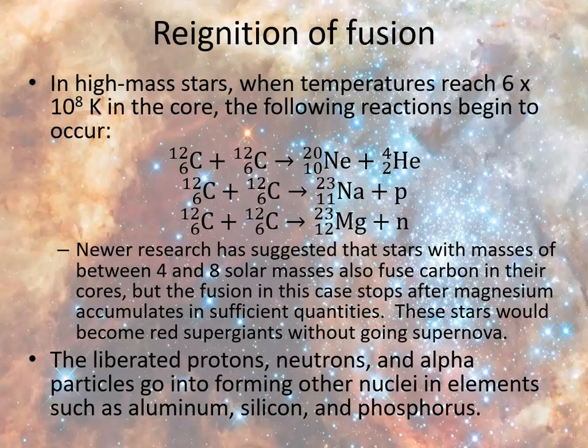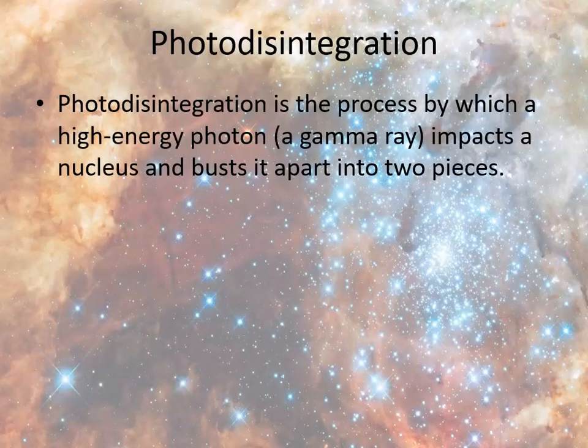But these neutrons, which are just floating around in there, well, by slow neutron capture, the same process that actually forms about half of the isotopes on the periodic table heavier than iron-56, these are able to form things like aluminum, silicon, phosphorus, stuff like that, just during the normal evolutionary stages of a massive star, and even an intermediate mass star. I'm thinking of an intermediate mass star as a star between about 4 and 8 solar masses, where you'll get this carbon-carbon fusion, but they won't end up exploding in the end.